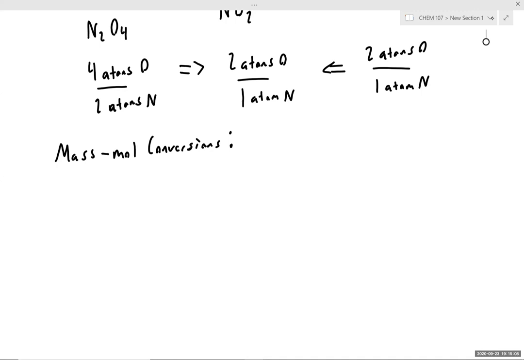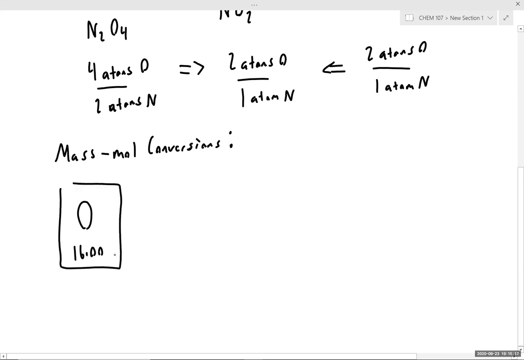Well, we know that the atomic mass in the periodic table, for example for oxygen, indicates the mass of a single atom.